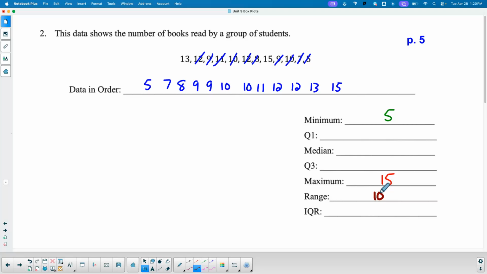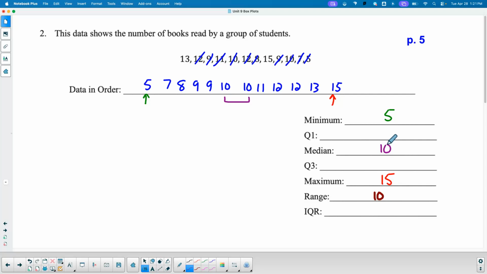Okay. Median: 2, 4, 6, 8, 10, 12. There's 12 of them, right? So that means I have to take the average of 6 and 7. So what's the average of 10 and 10? 10. Okay.